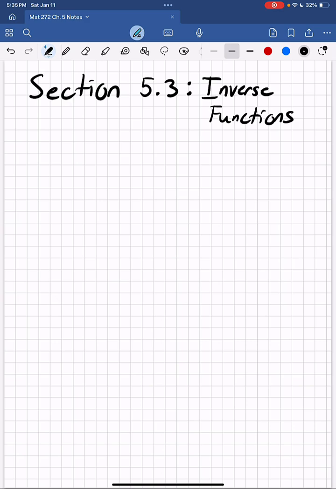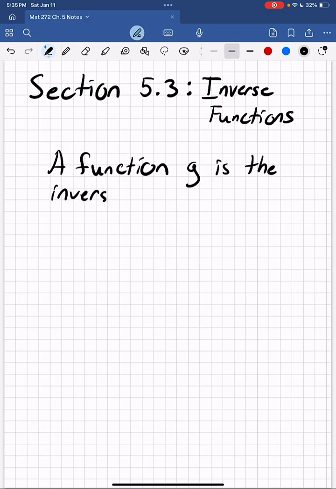All right, so a function g is the inverse of the function f when these two things happen.